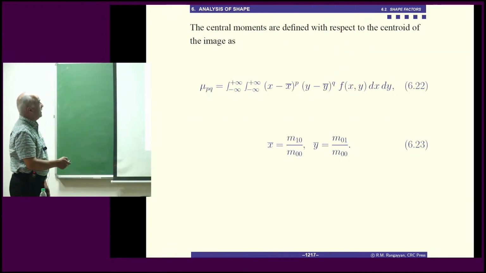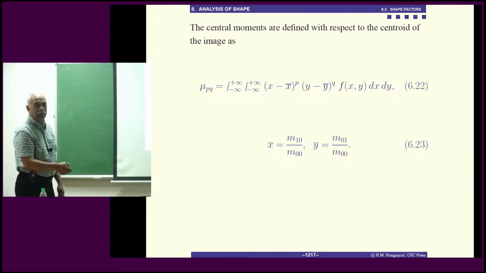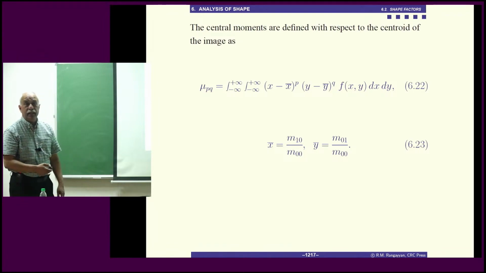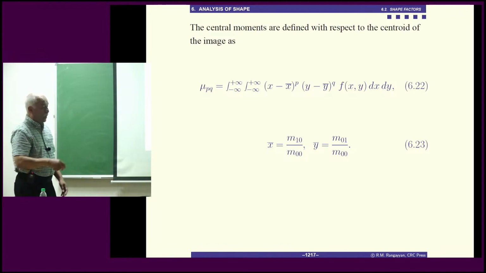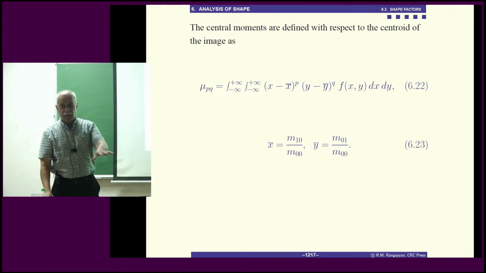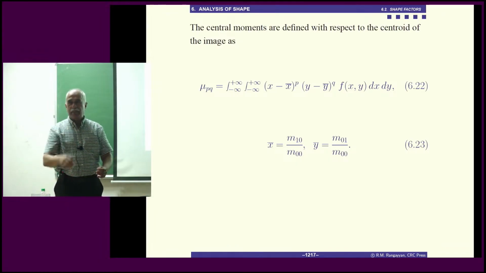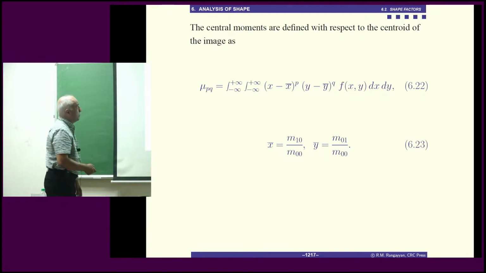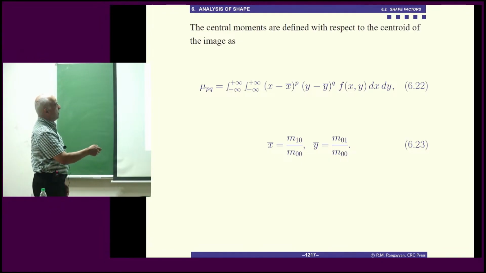If you centralize this with respect to the centroid, x bar, y bar, which are the first moment m10 divided by m00, and m01 divided by m00, then you get the central moments, like the variance. How is the distribution of the weight in this plate of the image with respect to its center of mass? The same thing, these are called mu pq, (x minus x bar) to the power of p, (y minus y bar) to the power of q, f(x,y).